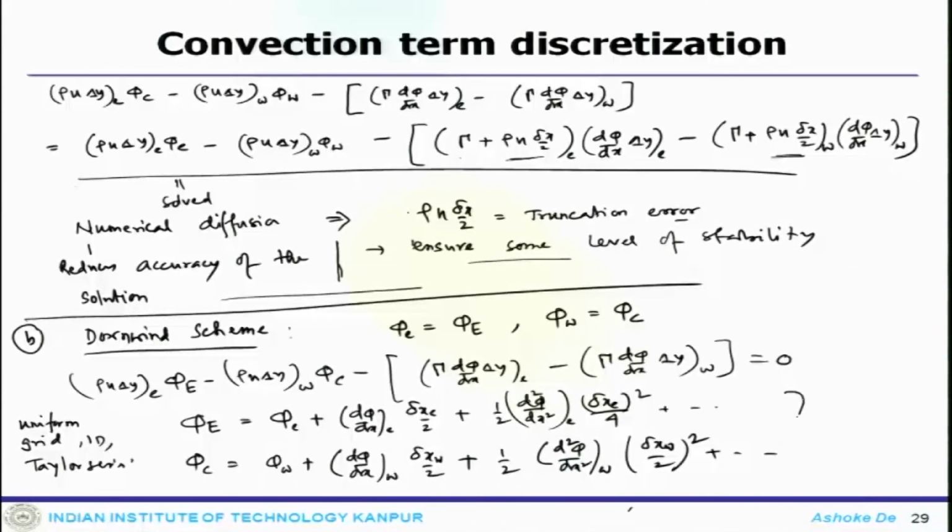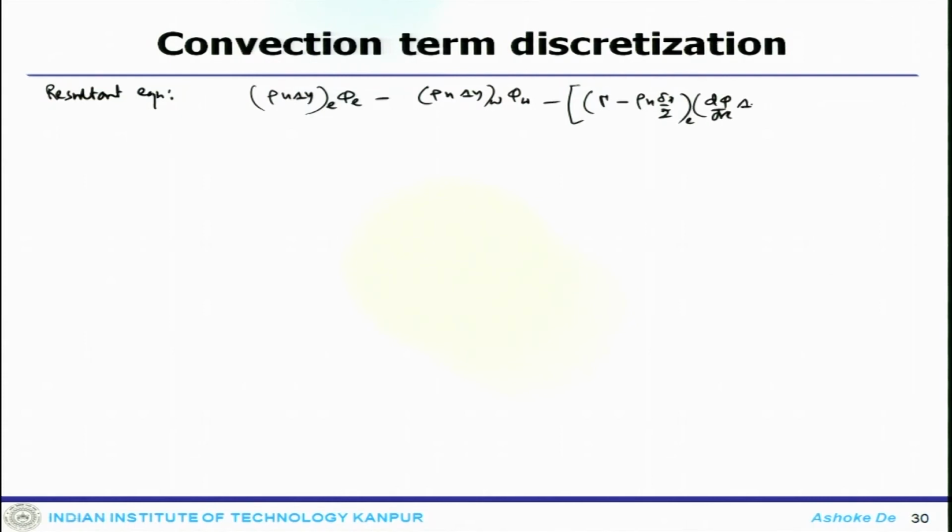You use this information and put it back in the discretized equation, and the resultant equation looks like rho u del y e phi e minus rho u del y west phi w minus gamma minus rho u del x by 2 at east face del phi by del x delta y east face minus gamma minus rho u del x by 2 at west face d phi by dx delta y w.